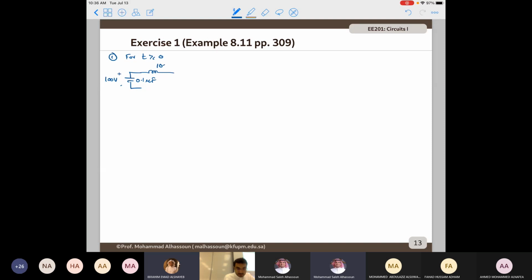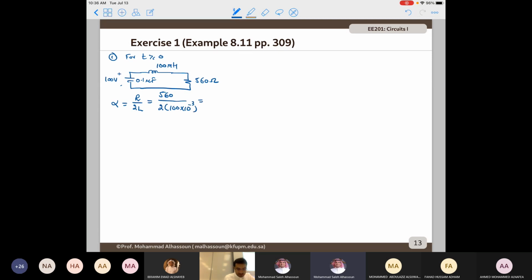So we'll have 100 millihenry, 560 ohm. Alpha in this case is R divided by 2L. So 560 divided by 2 times 100 millihenry.